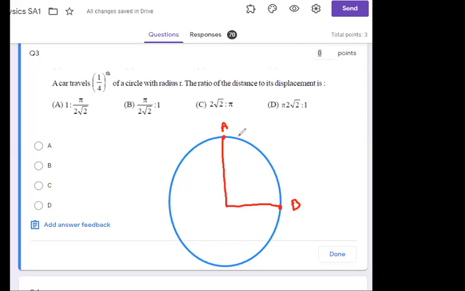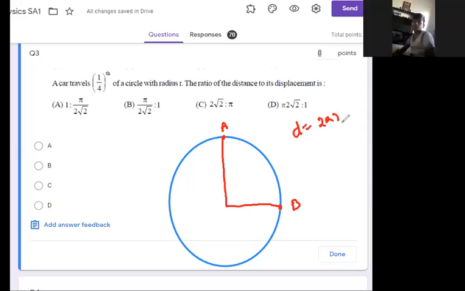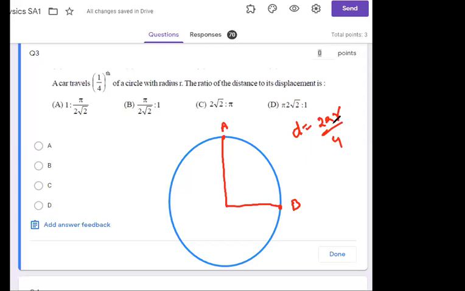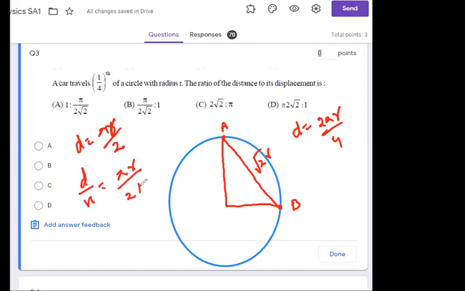Now tell me, what is the distance? Distance is equal to 2 pi r by 4, which is pi r by 2. And displacement is this, which is root 2 r. So the ratio d by x is pi r by 2 into root 2 r.